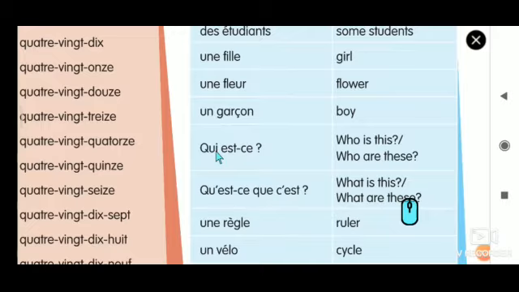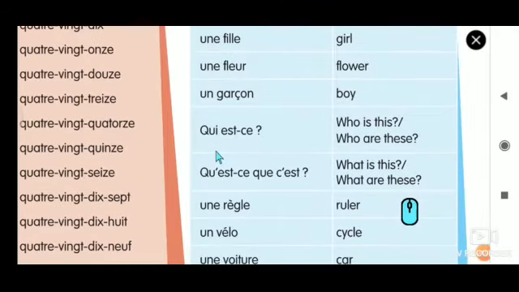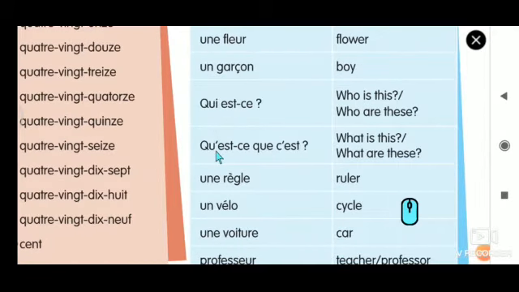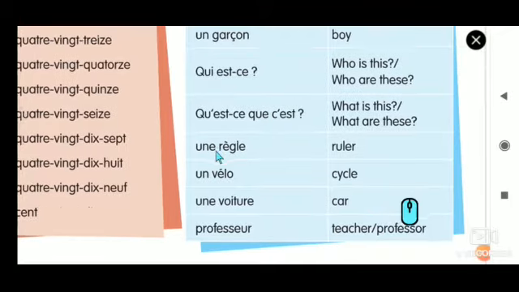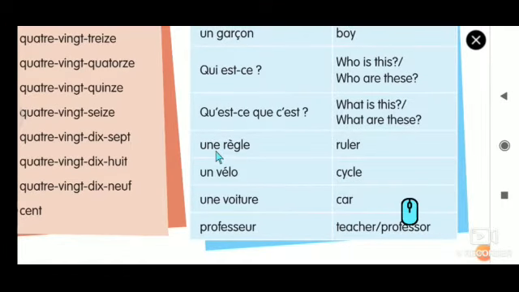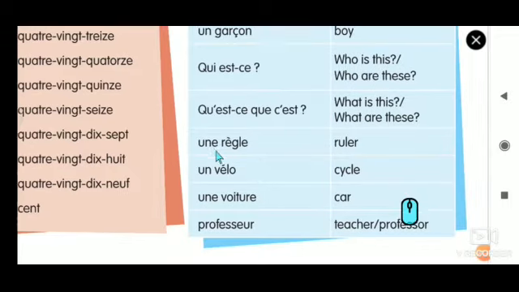Qui est, who is this or who are these? Qu'est-ce que c'est, what is this or what are these? Une règle, ruler.